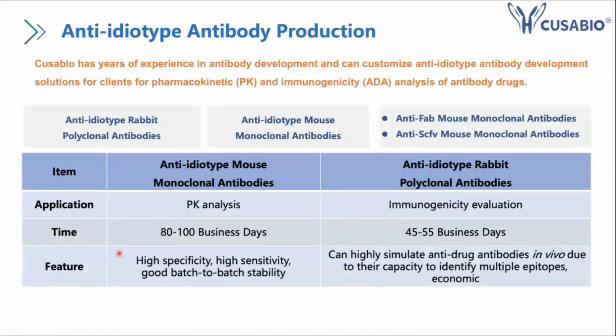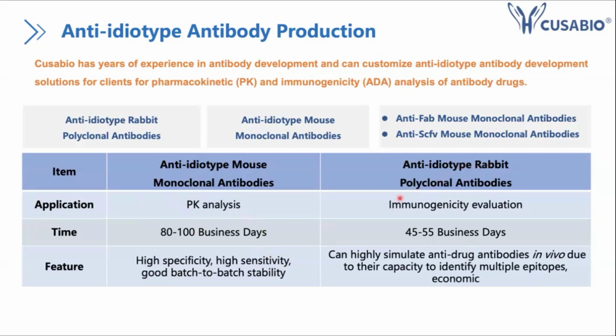So to summarize, for anti-idiotype antibody production, you have two options, really based on the application of your product. You can choose to customize a mouse monoclonal antibody or a rabbit polyclonal antibody. The difference is that the monoclonal antibody has really high specificity and sensitivity, so you can perform the PK analysis to quantify the drug concentration from the blood sample.